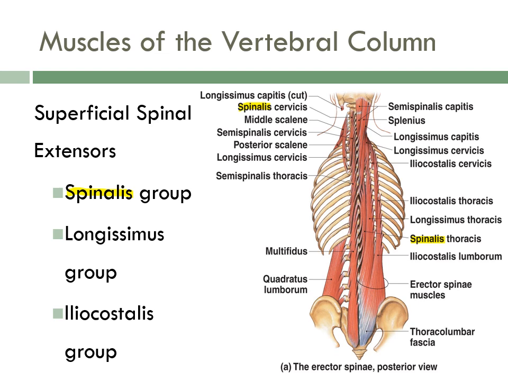So the spinalis is spinous process to spinous process. Longissimus is transverse process to transverse process. So those are laterally on either side, and they're also named for the region of the spine that they're in. Longissimus cervicis is going to attach into the cervical spine. Longissimus capitis is going to attach up into the head.